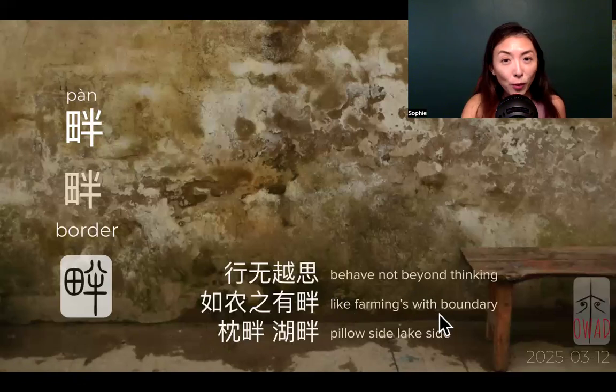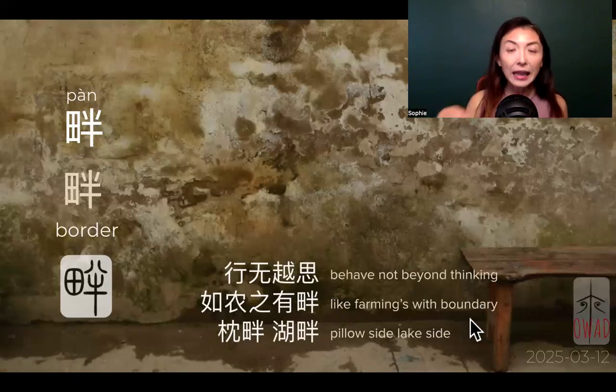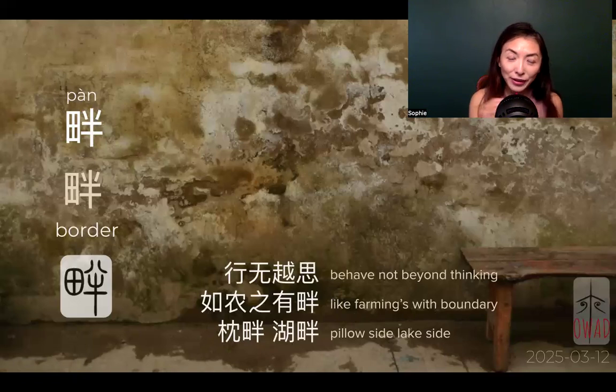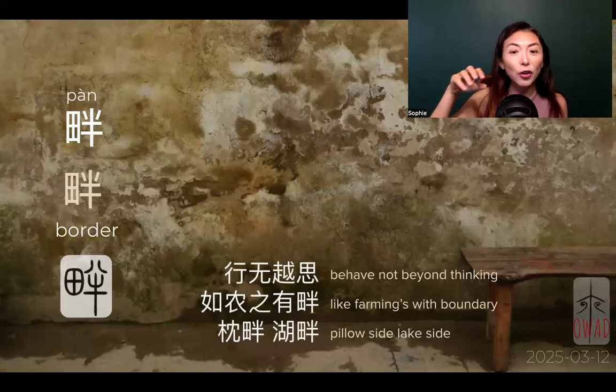之有畔, with boundary. So apparently in farming, you don't farm on your neighbor's plot. You have this boundary, this pan, this borderline of your plot. You stay in your plot. You're going to farm within your boundary.